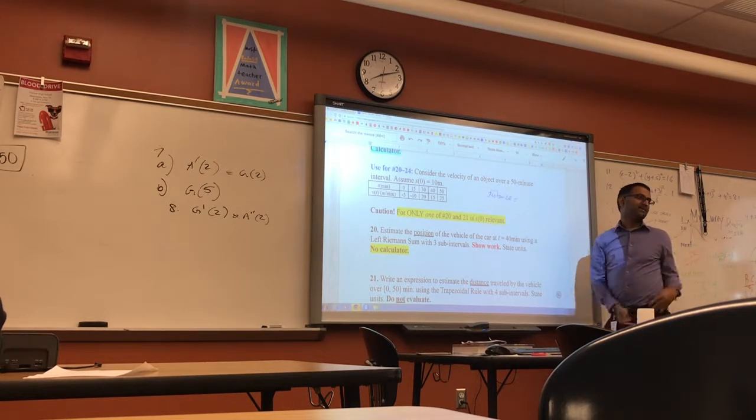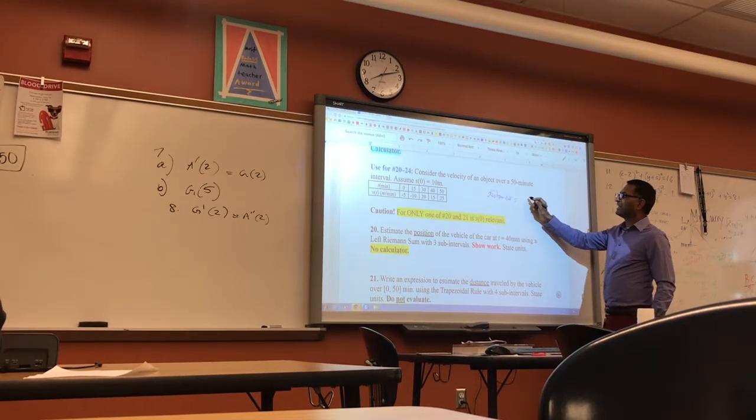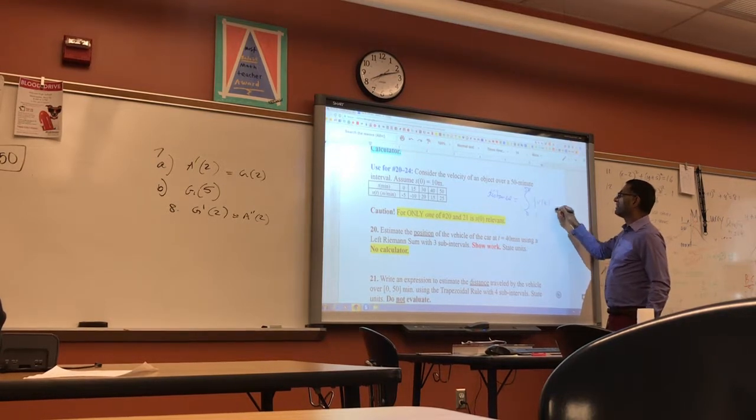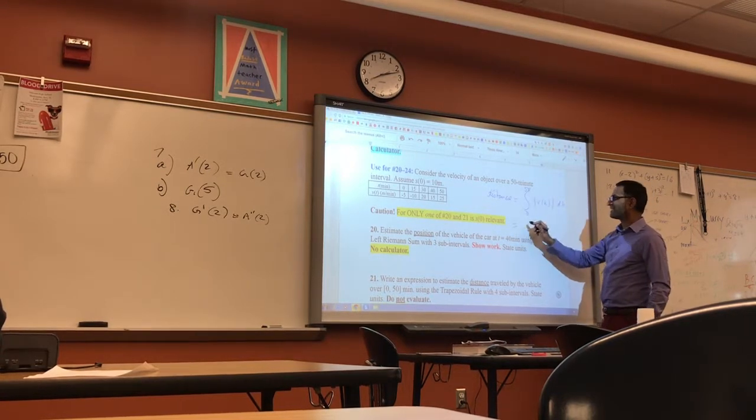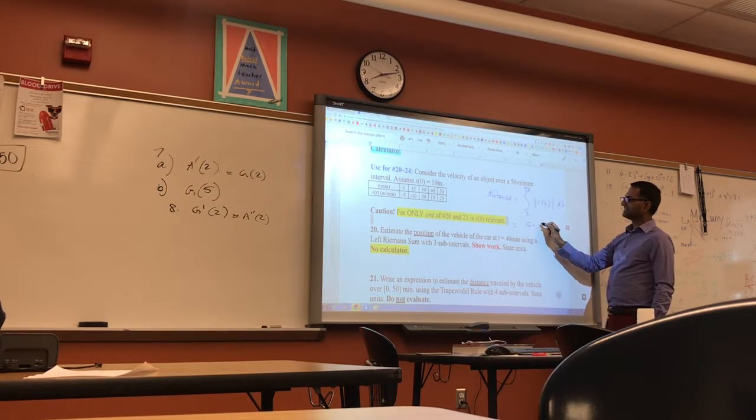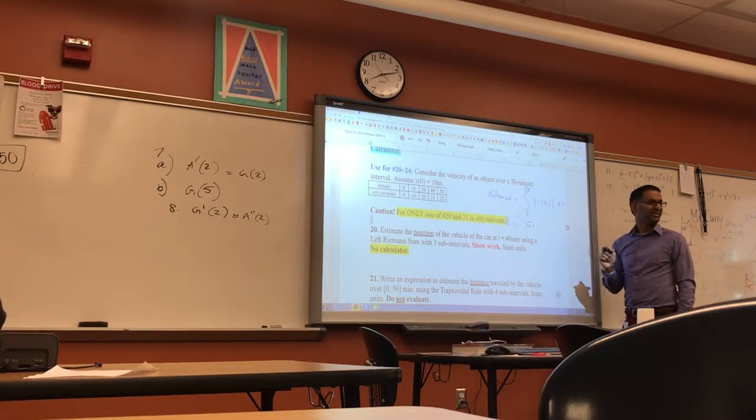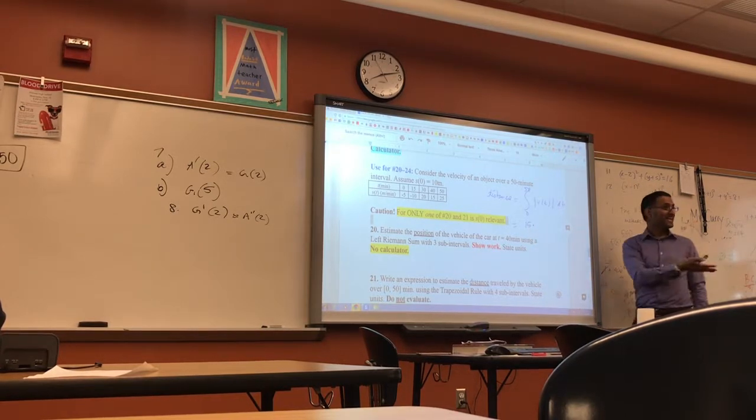Or the integral from 0 to 50 of the absolute value of v of t. Okay, that's fine. But what am I writing? This is the key thing. Trapezoidal Riemann sum. 15 times... You're mixing up behavior. Seriously.